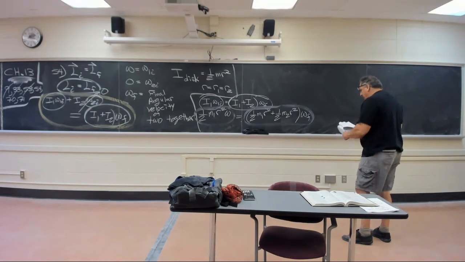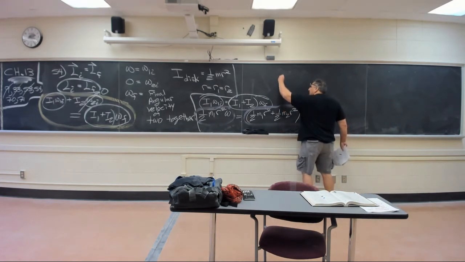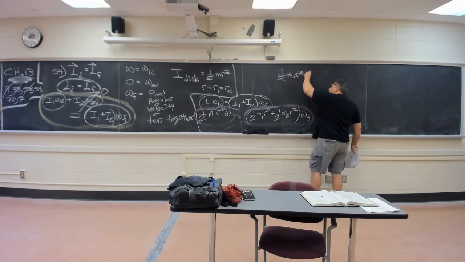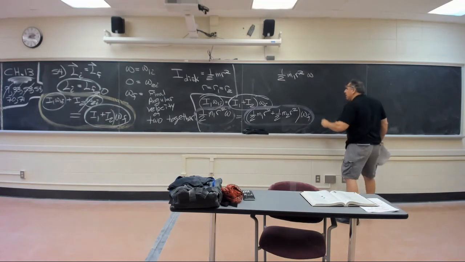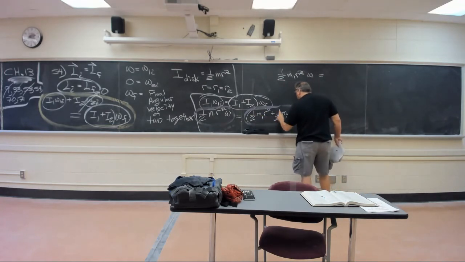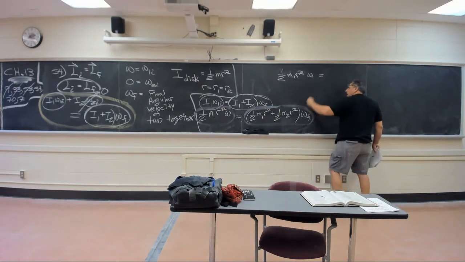Is there an easier way to write that? Yeah, there's a lot easier way to write it, or at least somewhat easier way to write it, I guess you could say. 1/2 M1 R squared omega equals 1/2 R squared, 1/2 R squared. You got the omega F here. I'll tell you what I can do.